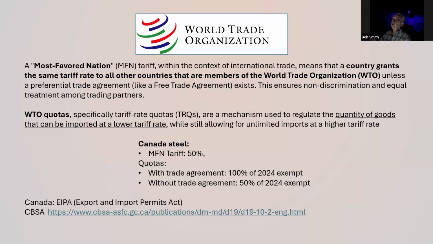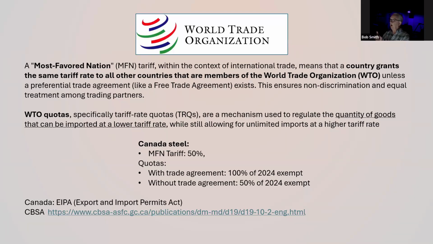So under the World Trade Organization, and we were talking before and saying what Trump said and so forth, but this is kind of the vernacular they use in US trade, is how the WTO, okay, a most favored nation tariff, which is the context of international trade, means that a country grants the same tariff rate to all other countries that are members of the World Trade Organization.